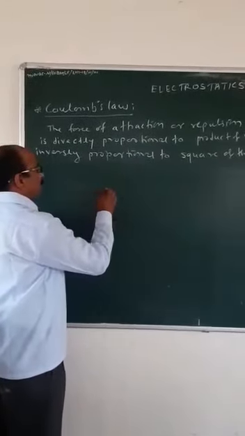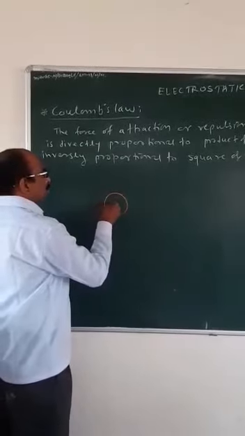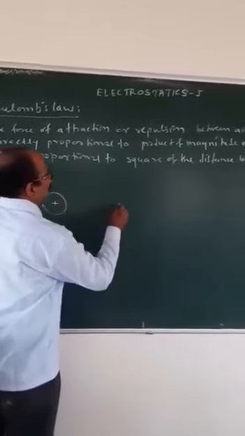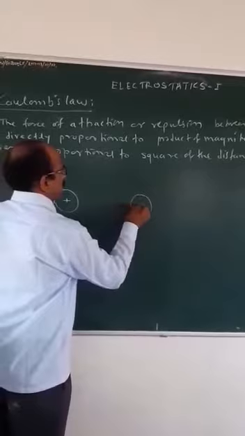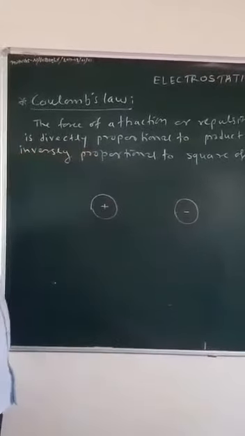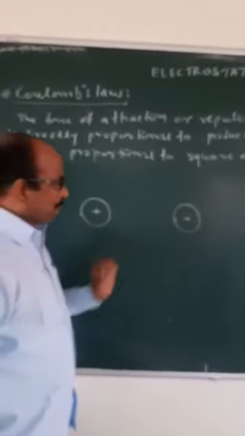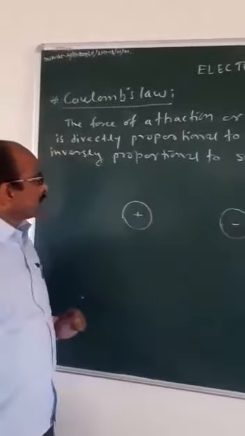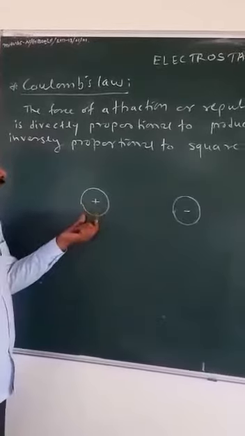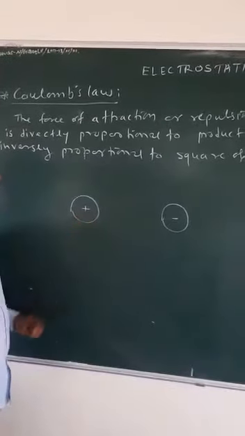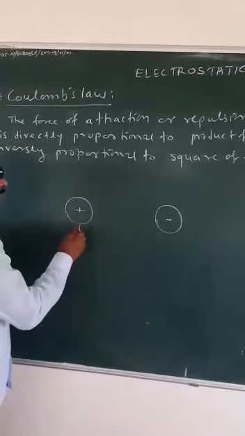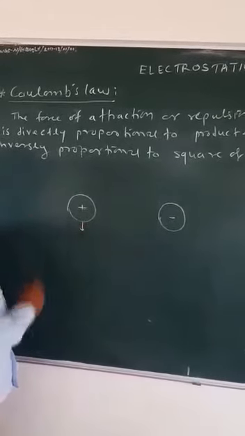There are two types of electric charges, positive charge and negative charge. When the electrons are transferred from one body to another body, there is some deficiency of the electron in the first body, then the body is termed as positive charge.